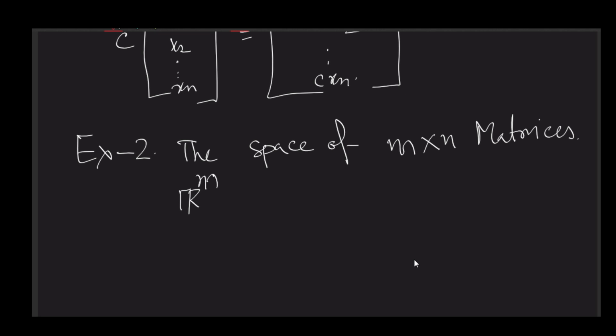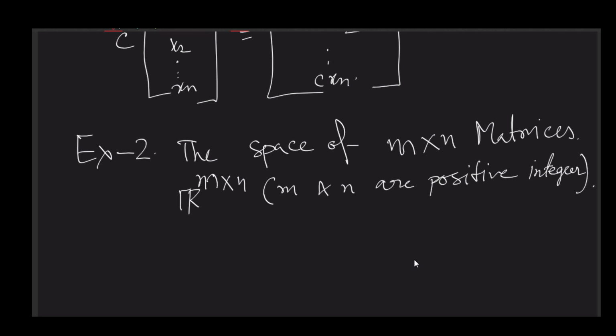If you consider R, it will be R M cross N, where M and N are positive integers.